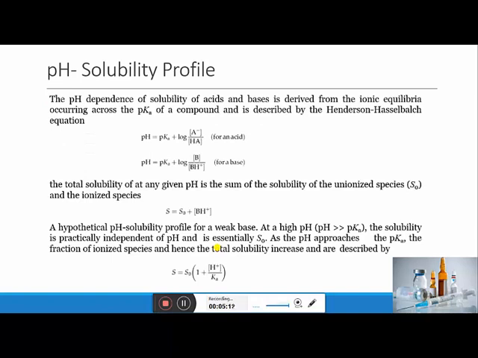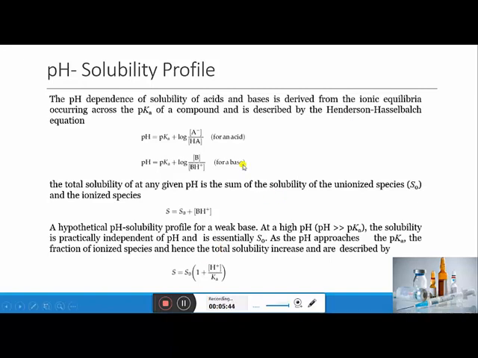Next is pH solubility profile. As we know, most of the pharmaceutical drugs are either weak acid or weak base and their solubility depends upon the pH. So depending upon their pKa, solubility changes as the pH changes in different parts of the body. pH dependent solubility of acidic and basic drugs can be derived from the Henderson-Hasselbalch equation.